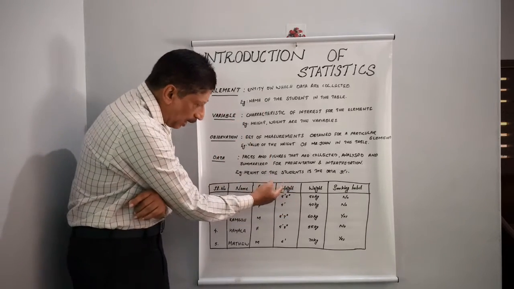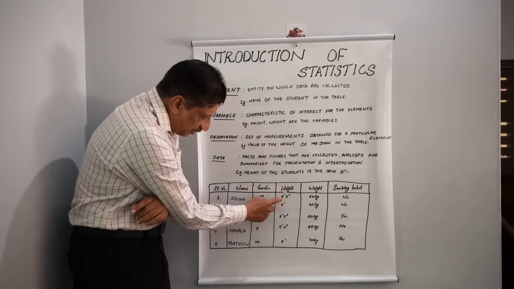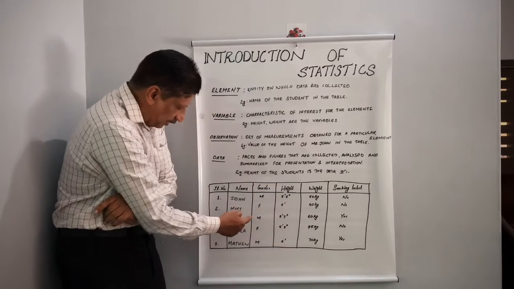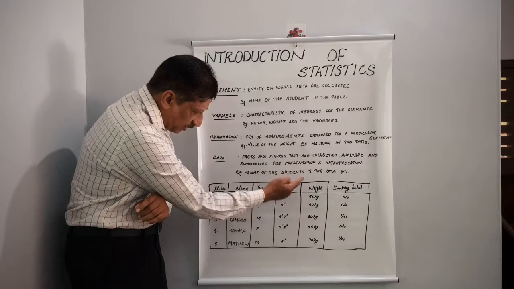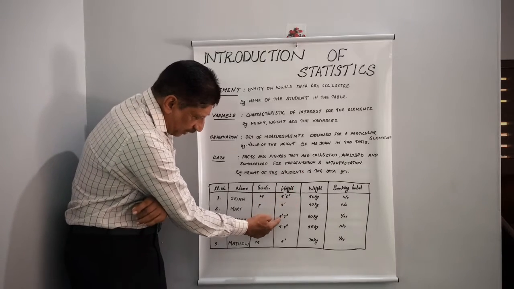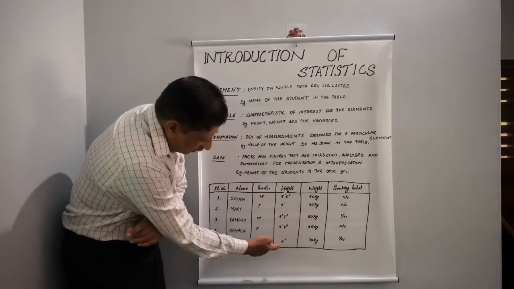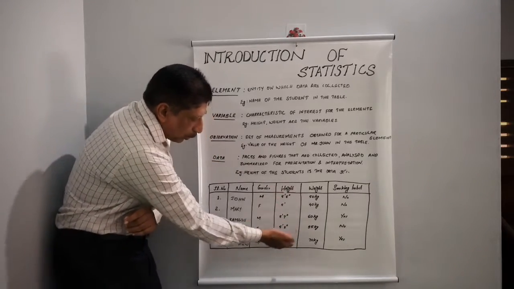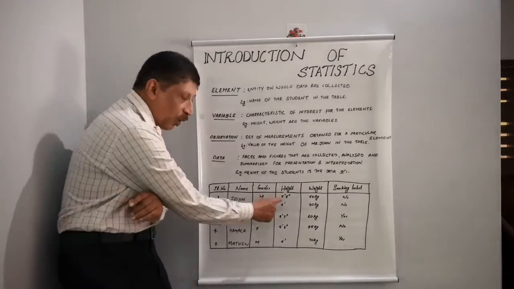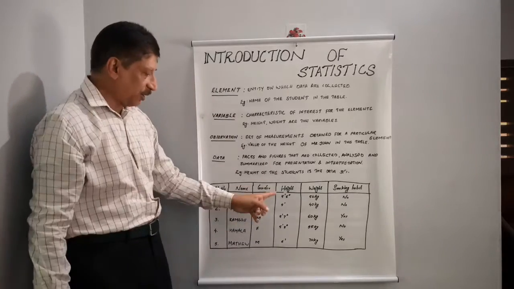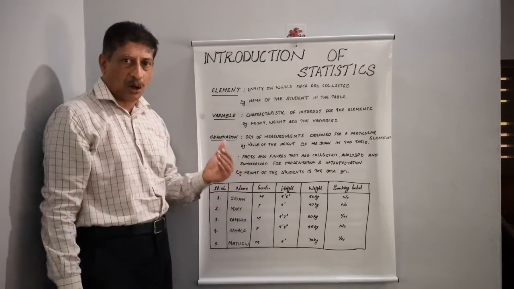Here the data on height is these 5 measurements: 5 feet 6 inches, 5 feet 7 inches, 5 feet 3 inches, and 6 feet. All of this constitutes the data, and each one is an observation. This is the basic difference between observation and data.